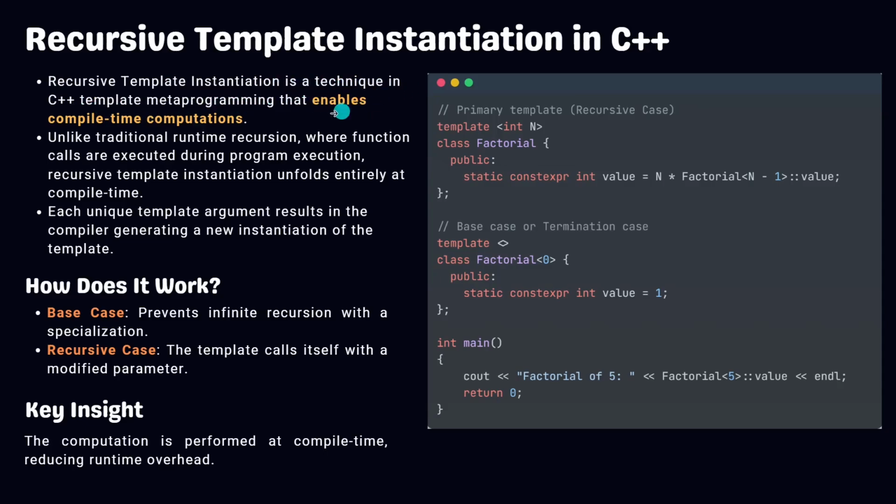When we write a recursive template instantiation class, that class performs recursive computation at compile time, not at runtime. This is the main feature of recursive template instantiation. I will explain what is happening. It enables compile time computation. That means when we write recursive template instantiation code, it will execute at compile time but not runtime.